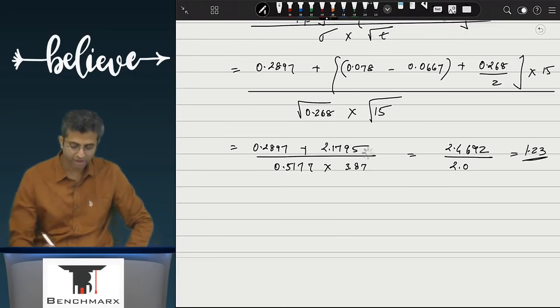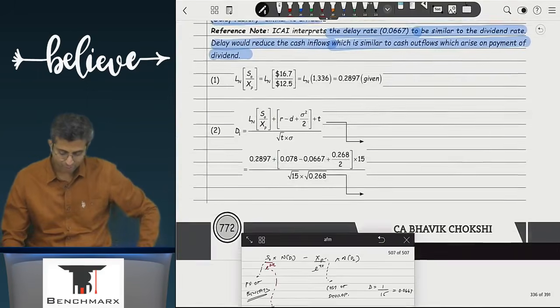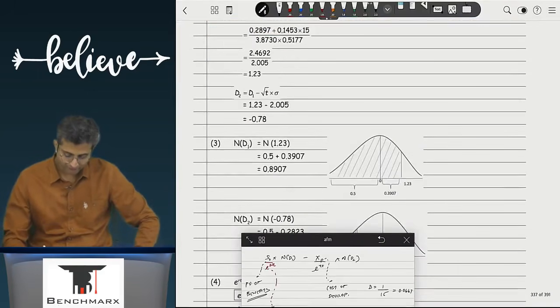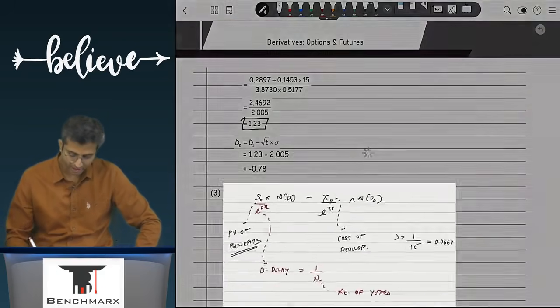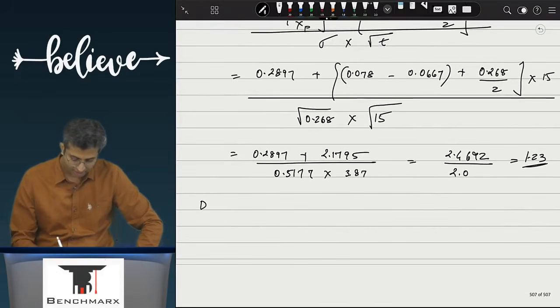So this is your D1 value. After this whole working, you can find the D1 value, approximately 1.23, and D2 is usually calculated as D1 minus the denominator.